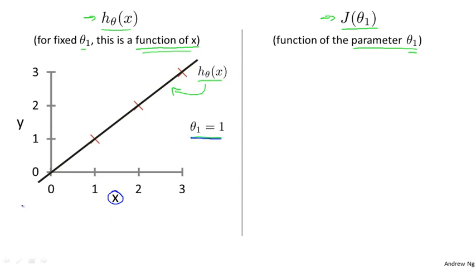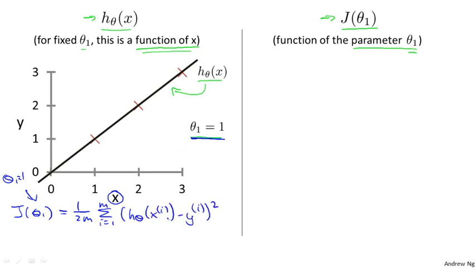What I want to do is figure out what is j of theta 1 when theta 1 equals 1. So let's go ahead and compute what the cost function is for the value 1. Well, as usual, my cost function is defined as follows: sum over my training set of this usual squared error term.